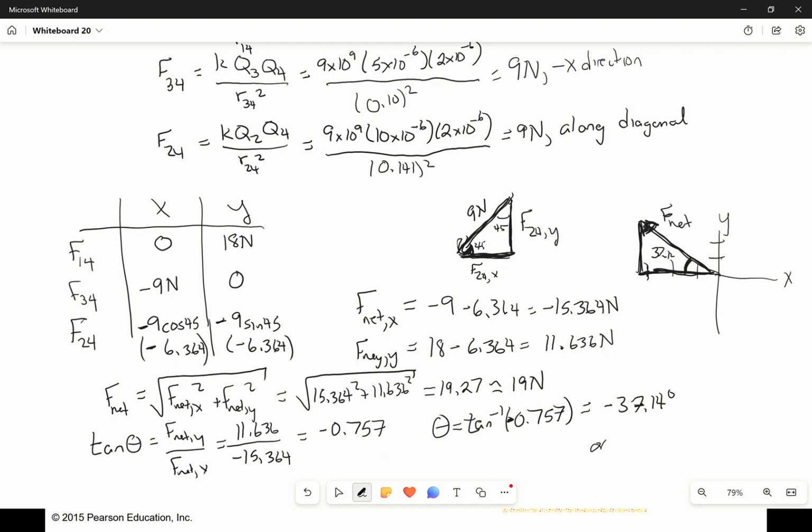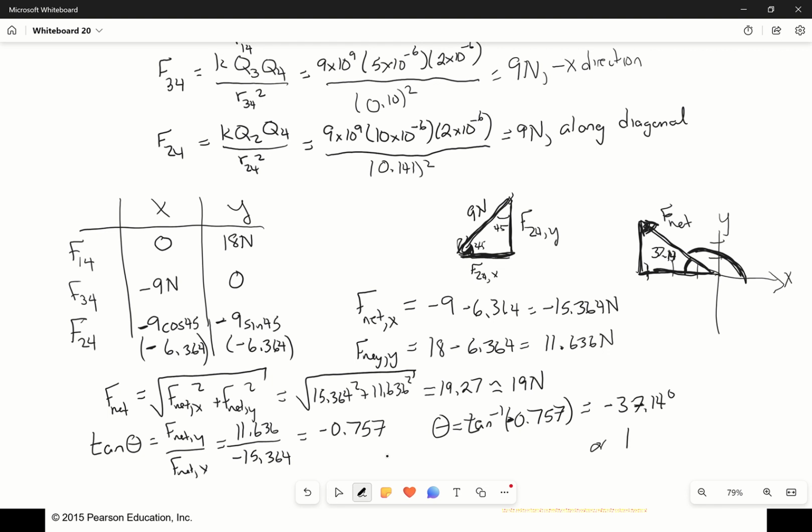So the fact that it gave me a negative number for my angle is completely misleading. Okay, so that angle there is 37.14 degrees above the negative x direction. So when you're putting this problem in the homework service, they want to know what's the angle from the plus x direction. So to give the right angle, I have to calculate the angle between the plus x direction and the vector.